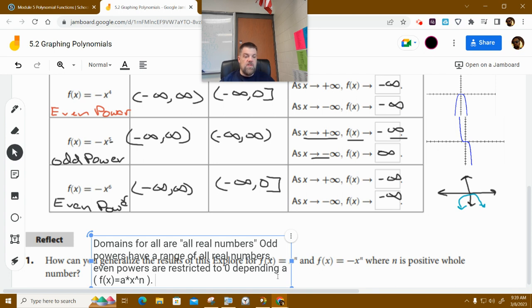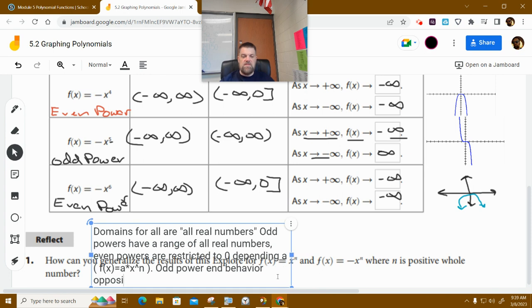So let's do odd power end behavior, I'm going to say opposite. I'm going to say are opposites. These are sentence fragments, but that's okay because I'm trying to make it all squeeze in.